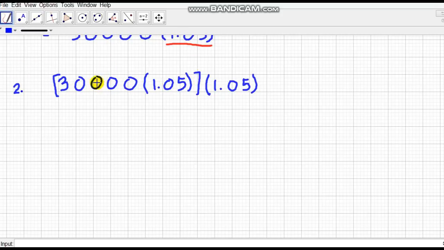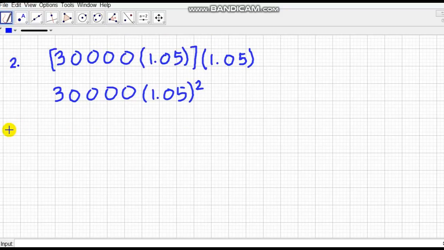So 30,000 times 1.05 times 1.05. So that will be 30,000 times 1.05 times 1.05. So we can condense it as 1.05 squared.